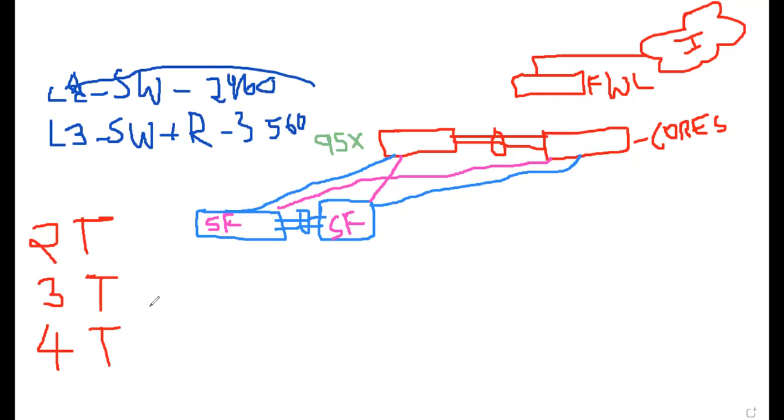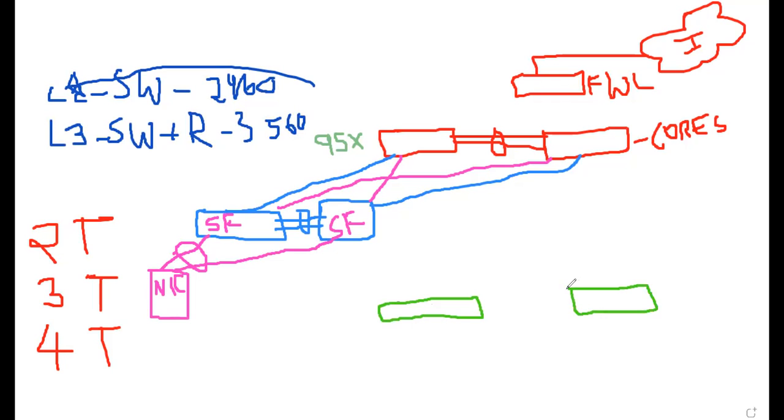Example, I have one physical server here. This physical server will have two connections, going to switch 1 and switch 2. Then we make it a bundle, and we call it NIC teaming. Then we have another set of switches, 1 and 2, and we will do stacking.